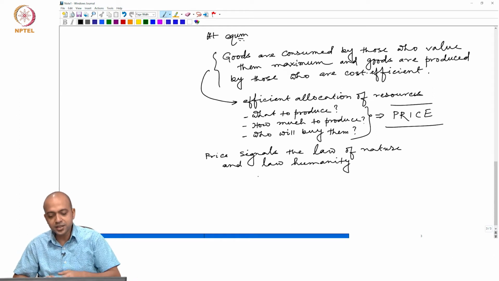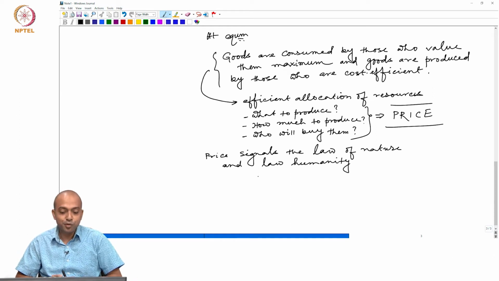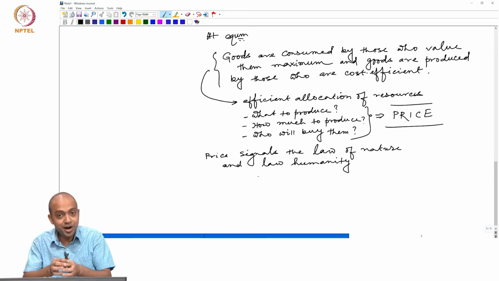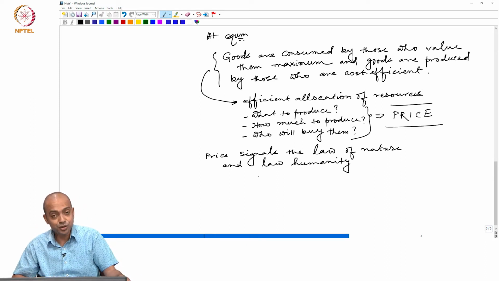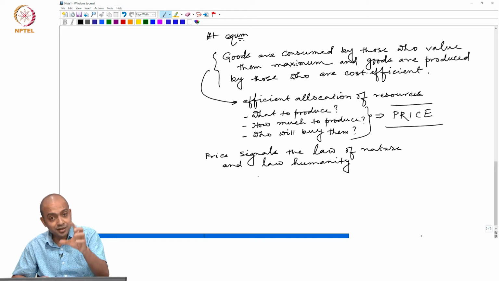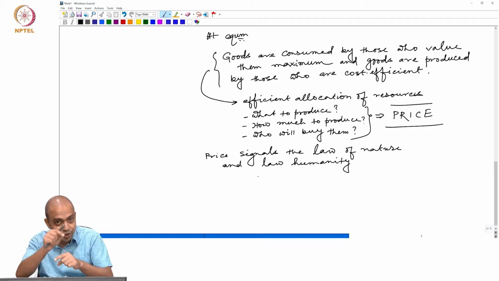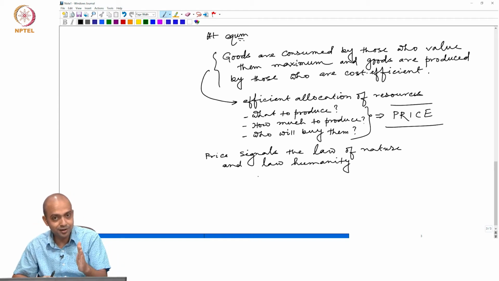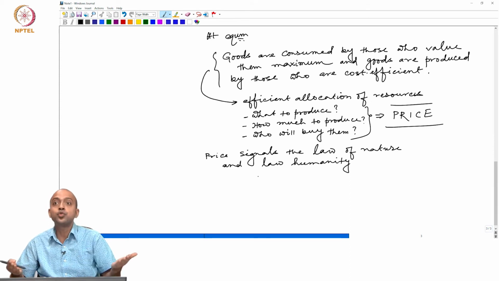Now, how does price signal the law of nature? Because the market is deciding what to produce and how much to produce. Okay? Resource is limited, but demand is unlimited. So, the price which is decided at the market, that equilibrium price will inform what to produce.